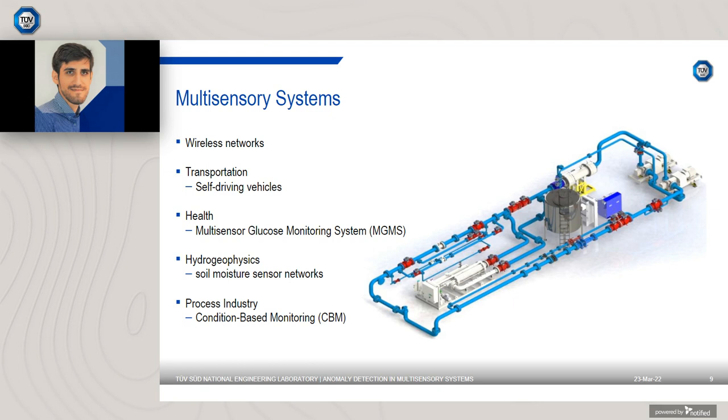Other examples include wireless sensor networks, multi-sensor glucose monitoring systems in the health sector, and in our manufacturing industry, we are all familiar with the term CBM, or condition-based monitoring, that requires modeling big sensor data. So we have all these great examples of multi-sensor systems and their application domains.